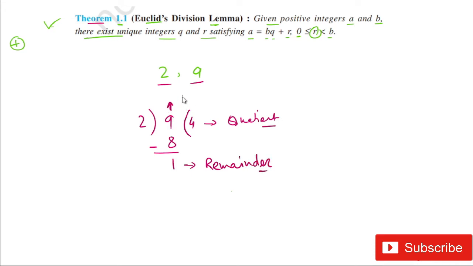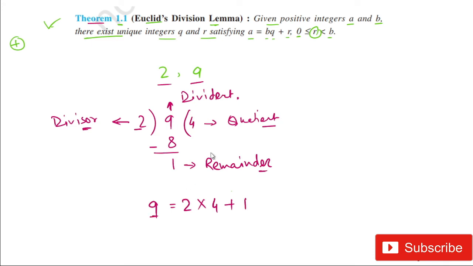Here 9 is the dividend, and 2 is what we divide by, so it is the divisor. So we can write 9 in the form 9 is equal to 2, the divisor, multiplied by quotient 4, plus remainder 1.